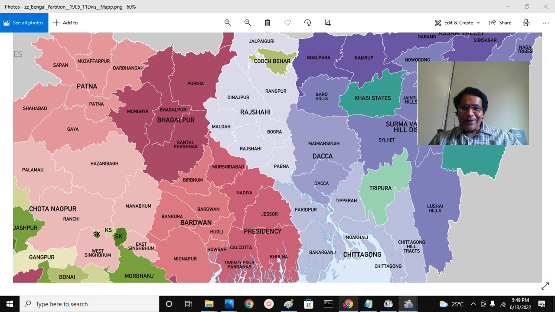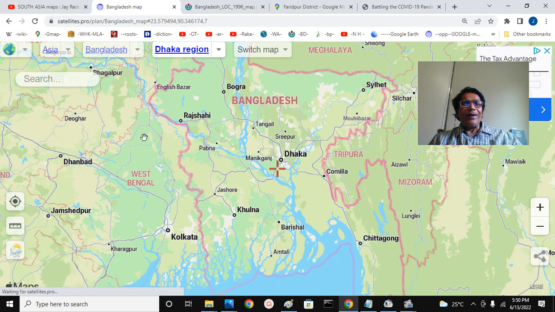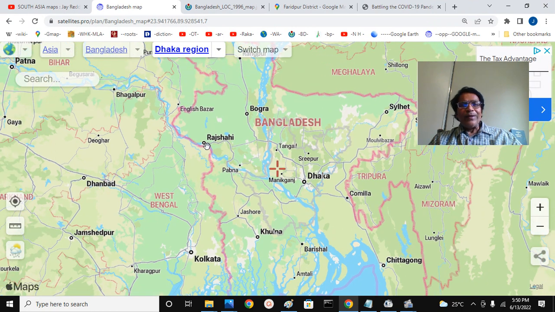You can see the same fascinating thing here. We are looking at this Bhagalpur. This is the Ganga Padma. This is Jamuna. This is Meghna. This is the Cis district. You can see here Jessore and Khulna, Barisal and all these things.